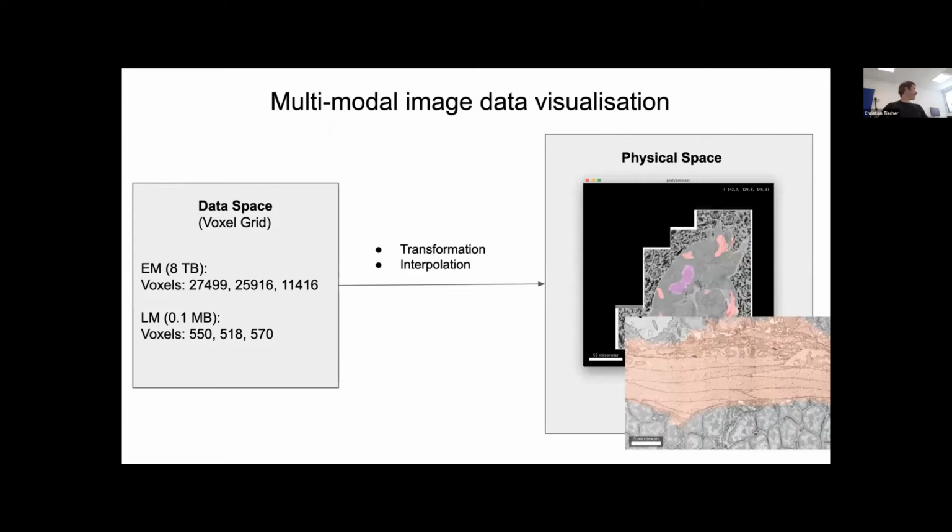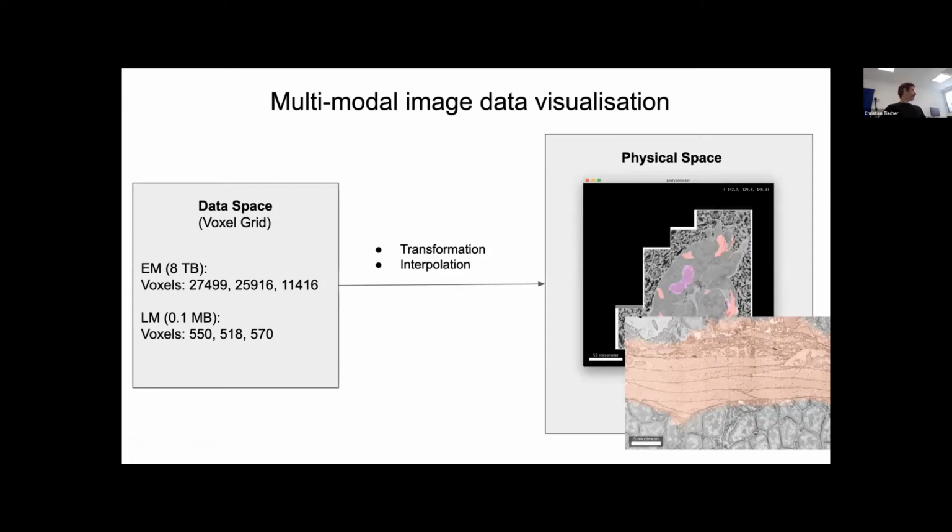If you have multimodal data, for example, we had for this project an EM data set, and then we had the same physical space of this specimen imaged with light microscopy, obviously at much lower resolution. And that means these images have much fewer voxels. So in voxel space, they are very different.